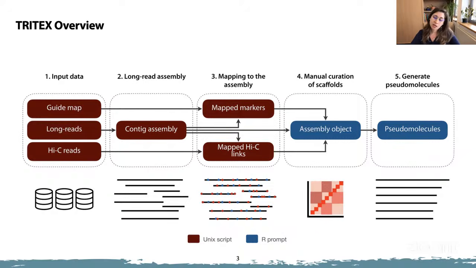And now we can curate the assembly. So using different kinds of visualization, you can do the scaffolding part of your assembly. And then when the assembly is looking good, you can generate the pseudomolecules and you will have the FASTA sequence for your genome.